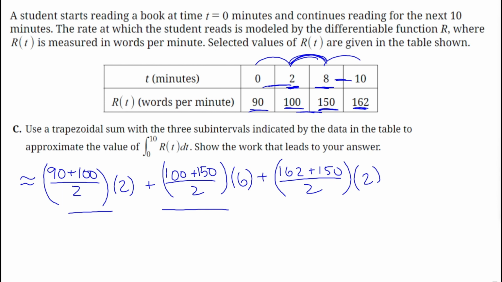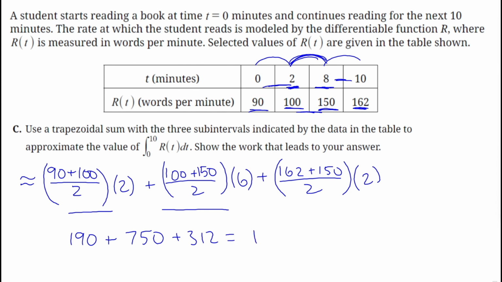So here we have 90 plus 100 divided by 2, and then times 2 is just going to be 190. And then 100 plus 150 divided by 2, and then times 6. Well, that's just like 250 times 3, so that's going to be 750. And then 162 plus 150 divided by 2 times 2 is just going to be 312.